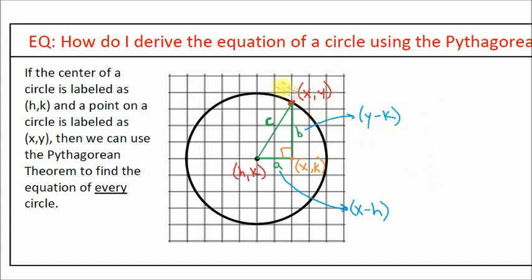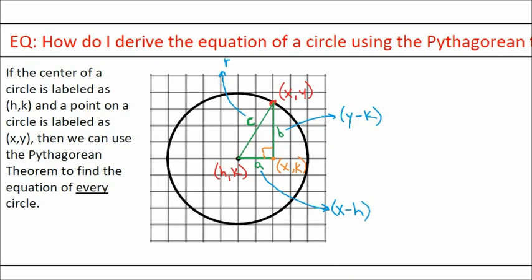I know it gets tricky when we're just using variables, but all I did was figure out that based on these three points, the length of side A is x minus h, and the length of side B is y minus k. And this c value is actually the radius of our circle, so I can just write r.